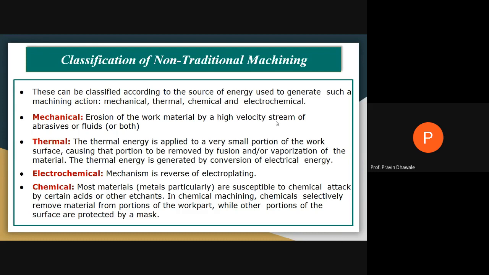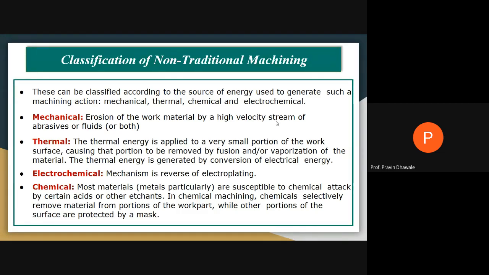It causes removal of the material from that particular portion by fusion or vaporization of the material. And this thermal energy or heat energy is generated by conversion of electrical energy into heat energy.